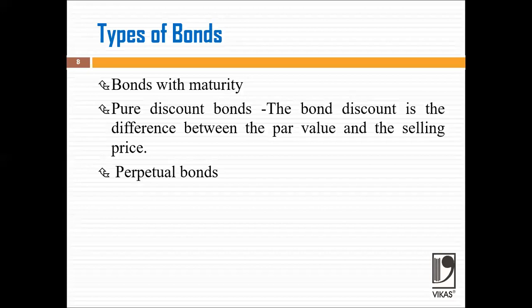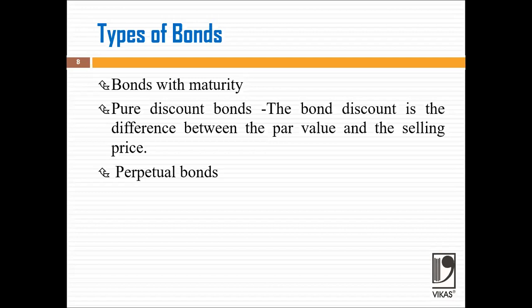Right, the pure discount bond means, say for example, the par value is rupees 1000, and there's no interest rate. You can buy the bond at a price lower than face value in the market. Say you can buy the 1000 value bond for 300 rupees.